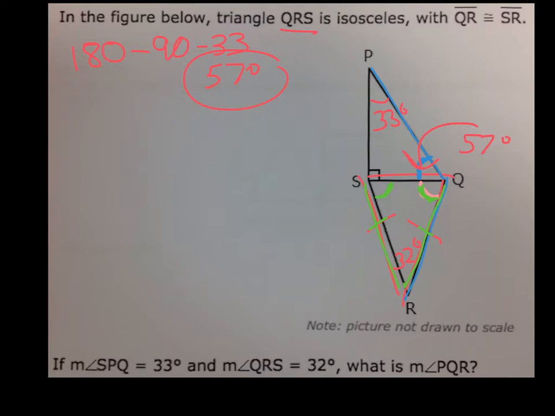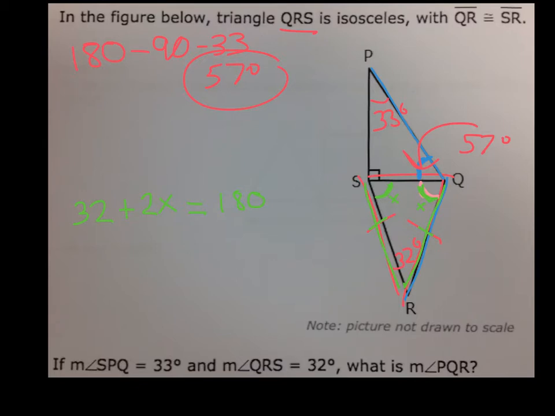So I'm going to write an equation just because I love equations. I know that 32 degrees plus, let's call these angles x, I know that they're the same. Looks like a little face. I know that they're the same, but I don't know what they are. So there's two of them, and if I add those three angles, I get 180 degrees.